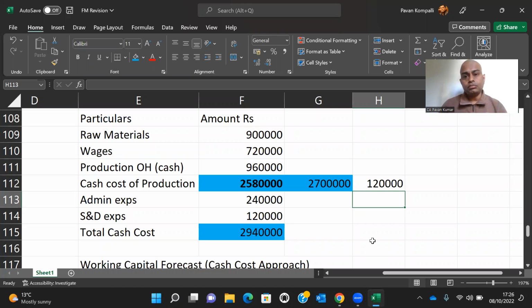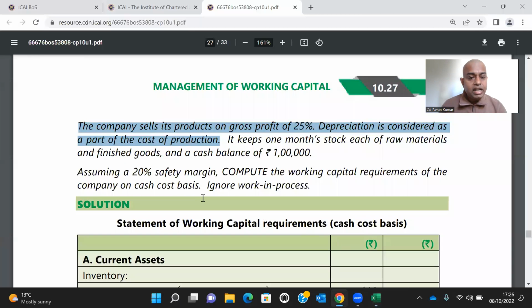Cost of production, 27 lakhs. Cash cost of production, 25 lakh 80,000. Therefore, depreciation, 1 lakh 20,000. If they ask you to calculate depreciation, this is what we do. If they do not ask, this sentence is not required. This is just a trap to confuse you.